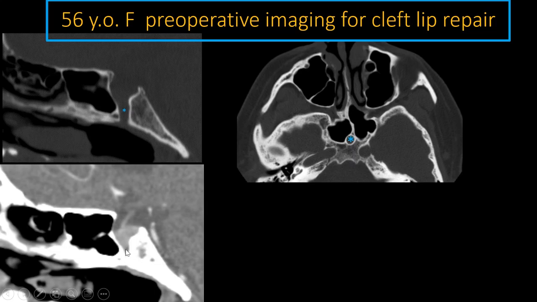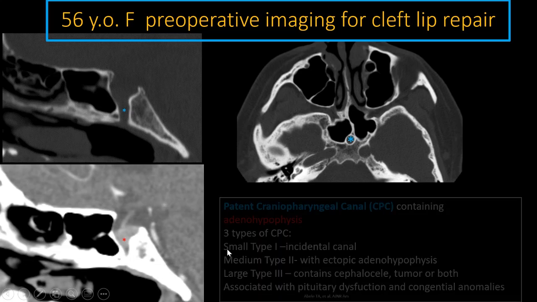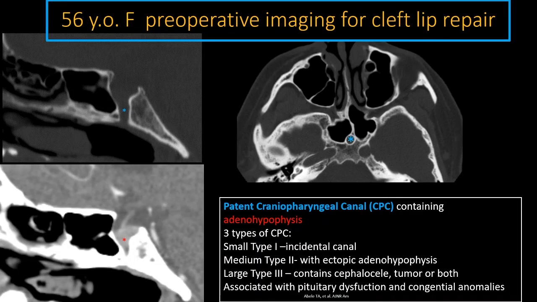On the contrast-enhanced portion of the CT, we can see that the adenohypophysis, indicated by the red asterisk, extends into this bony defect, and this is a nice example of a patent craniopharyngeal canal. There are 3 different types, and this would fall into the medium type 2, containing some ectopic adenohypophysis extending into the defect.